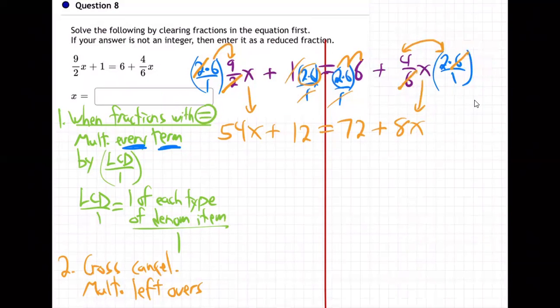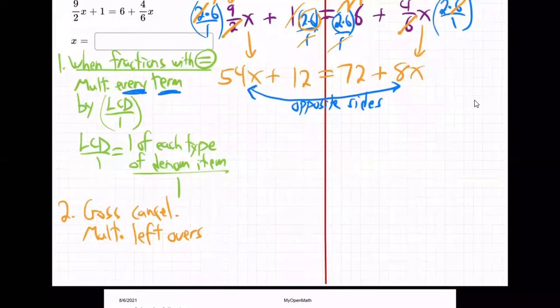How do we solve for x here? Well, now we have x's on opposite sides. And we've learned what you do with x's on opposite sides.